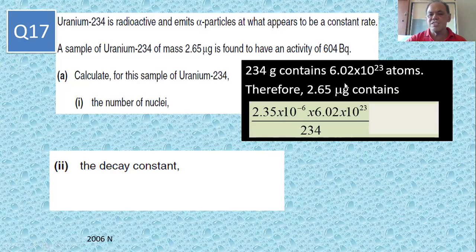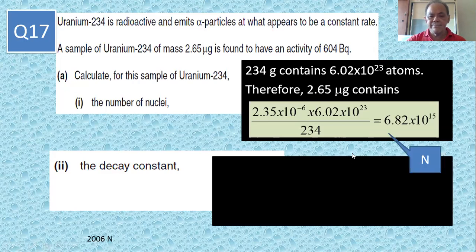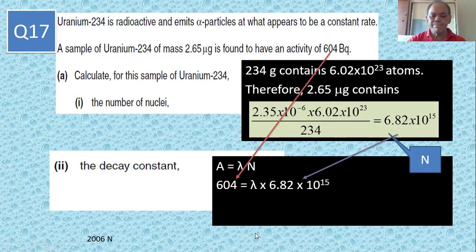But remember to change it to gram. This is in gram, so that must be in gram. Use your calculator to calculate the number present. Okay, so the number present, the activity they have given you. So they want you to use the formula, that's A equals lambda N, put in your value 604, and that value inside for N, you can calculate your lambda.